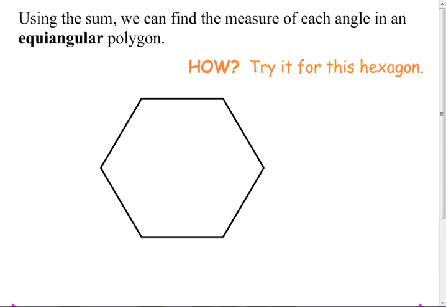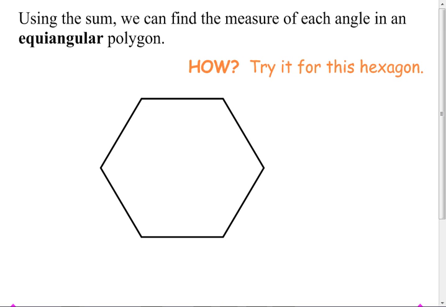Okay. Now, this is an equiangular polygon. It's a different question. So make sure you read the question. And it says, find the measure of each individual angle in the hexagon. Well, what's true about all those angles if it's equiangular? They're equal. And I want to find out what each one is.